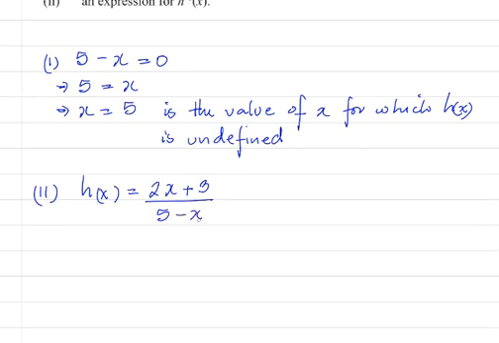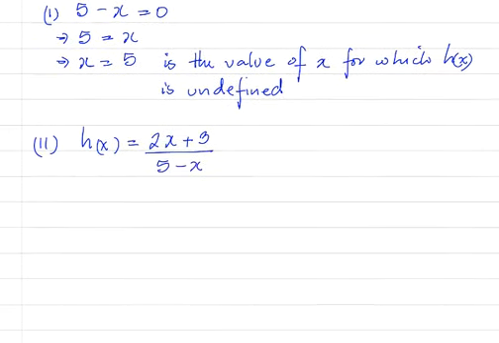All right, so let's find the inverse. Step 1, we're going to write the defining equation. So that is simply take out h of x and say y. y is equal to (2x plus 3) over (5 minus x).